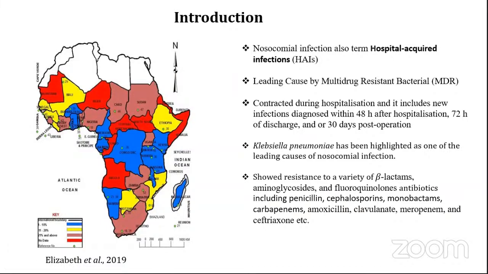It has continued to gain increasing recognition because of its acquired multi-drug resistant strains, which has led to ineffectiveness of most antibiotics, including the beta-lactams, the aminoglycosides, and fluoroquinolone classes of antibiotics, such as penicillin, cephalosporin, monobactam, amongst others.